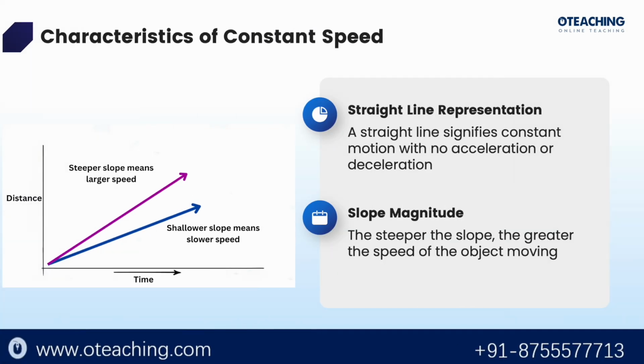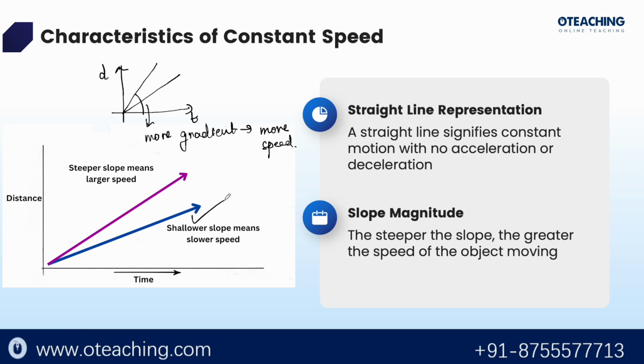Here we already discussed that your gradient will give you the speed. Now, if I talk about two lines on the distance time graph, here I have two lines. Which one is steeper? This one is steeper, so it would have more gradient. So when it has more gradient, it would have more speed or high speed, whereas a shallower slope or gradient means lower speed.